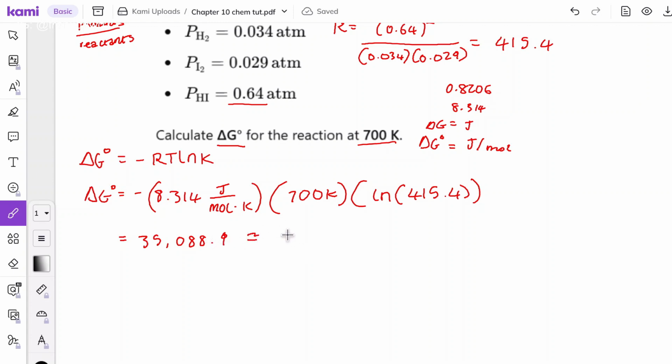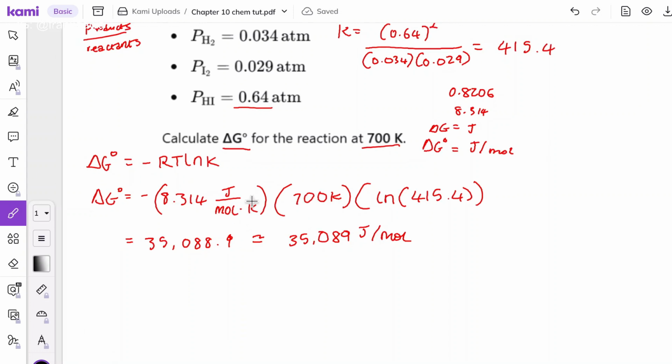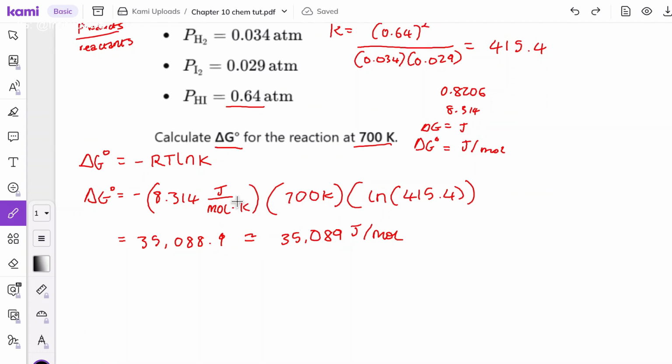So I'll just round it up to 35,089 joules over moles, because the Kelvin cancels out and the K value doesn't have units. And that's the final answer. Or you can put it in kilojoules and have it be 3.5 kilojoules over mole.